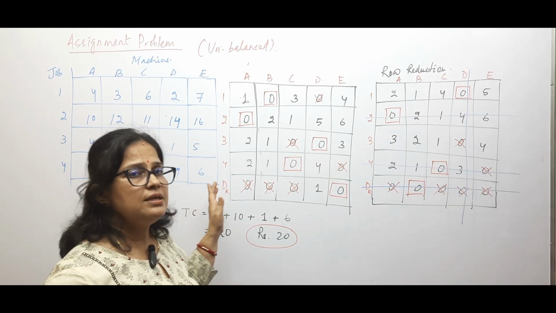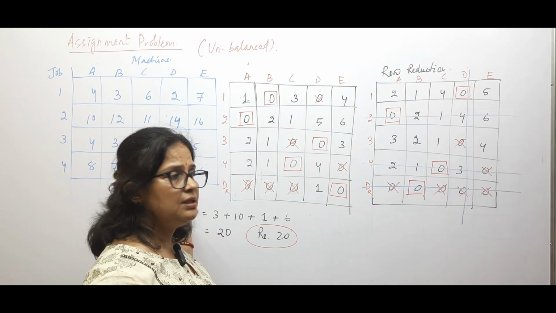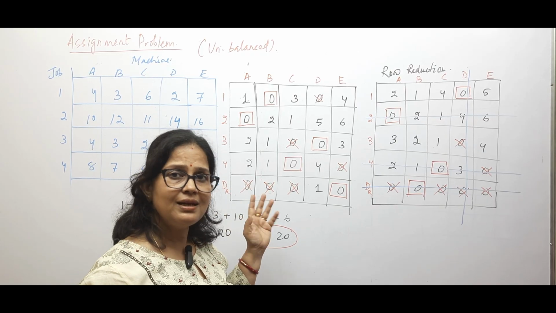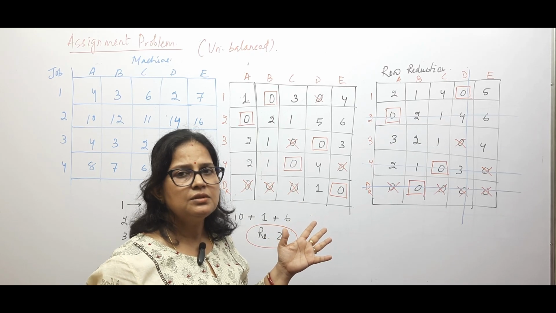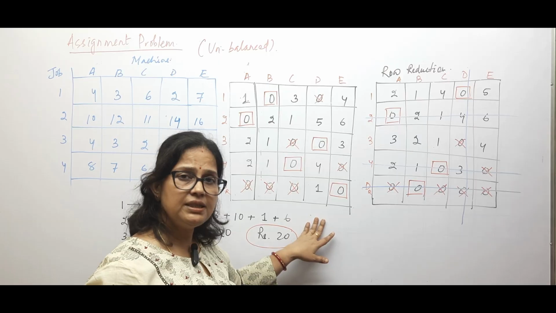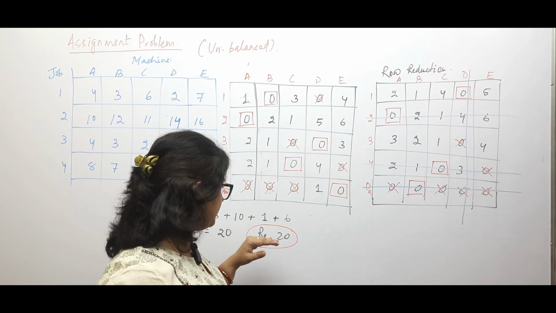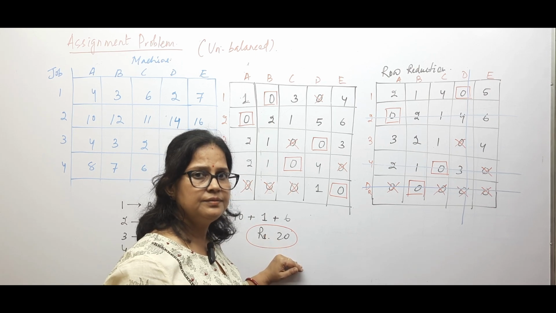In the other case, if the number of rows is more than the number of columns, we can take a dummy column. So we have calculated the minimum cost, and the minimum cost is rupees 20 here.